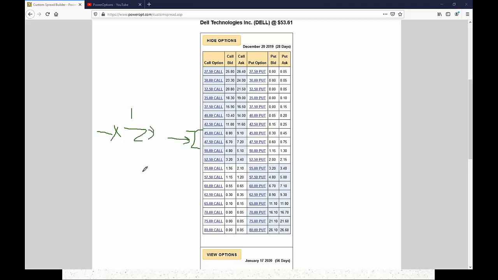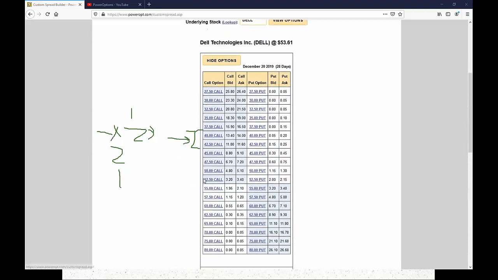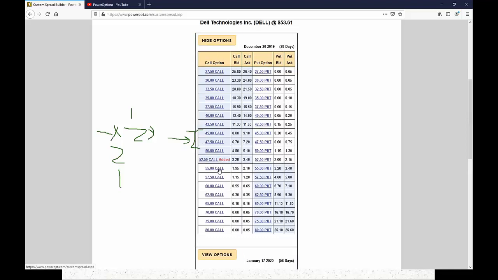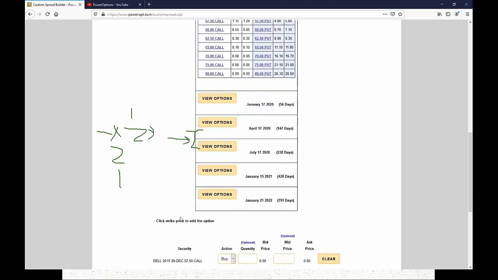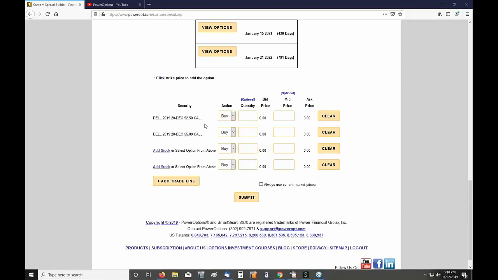To avoid that, we might reverse it: buy two and sell one. We're at 53.61 here, so I'm going to use a 52.5 and a 55. There are different ways to construct these back spreads, but I'm going to sell the 52.5 and buy two of the higher 55s.